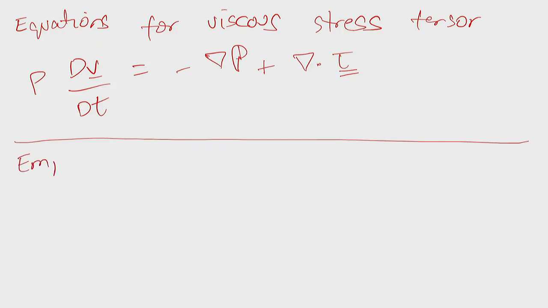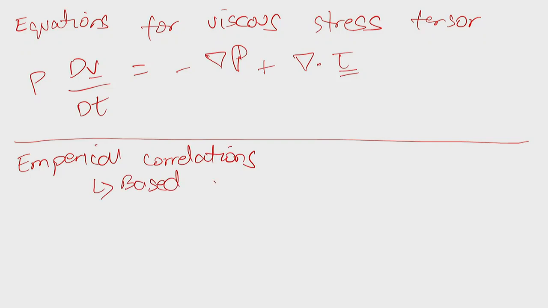And so, empirical correlations are based on observations, specifically experimental observations.